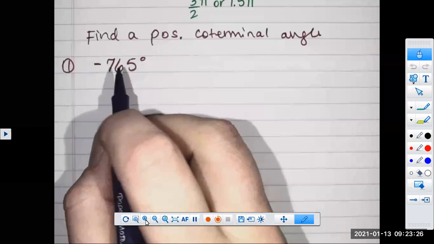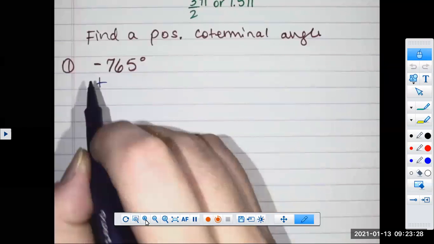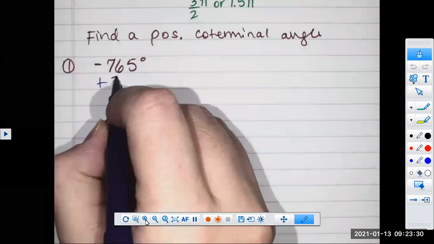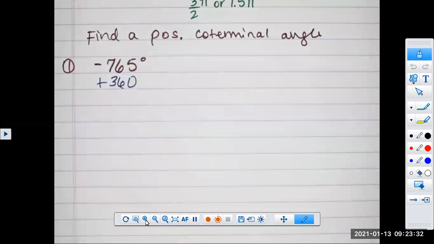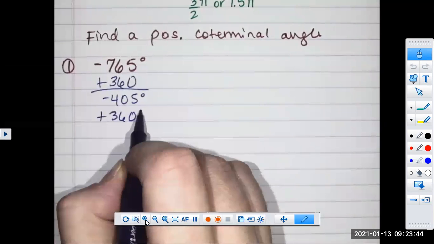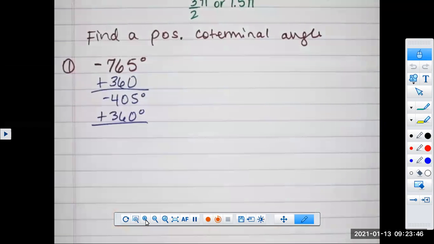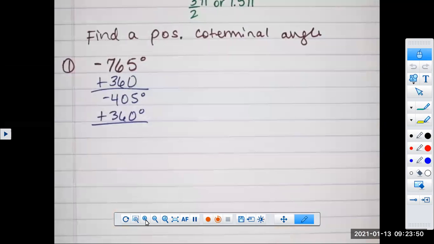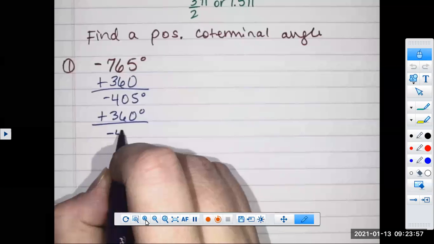Good, you add 360, but you still wind up with a negative angle, so you have to do it how many times? You have to do it 3 times. If we add 360 here, that's going to give you negative 405. So when it said add integer multiples of 360, notice we're adding 360 3 times. So really you could just say 360 times 3 and then add it. This will give you negative 45 degrees.